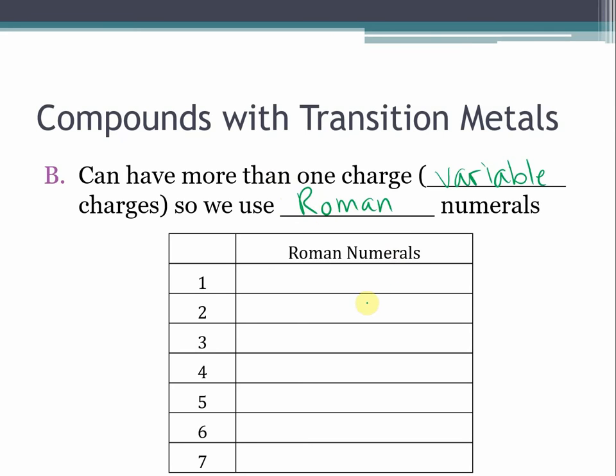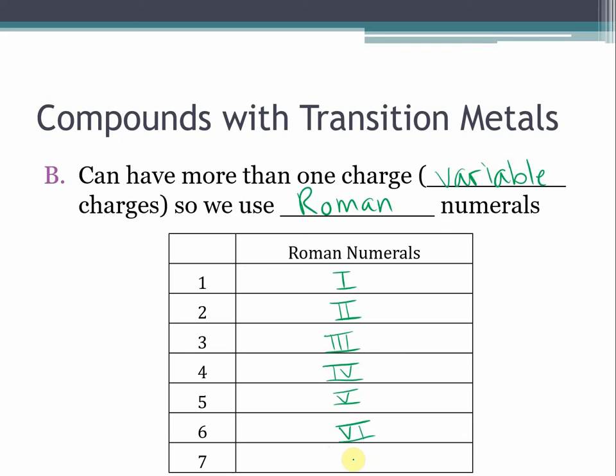So a little review on Roman numerals. 1 is I. 2 is II. 3 is III. 4 is IV. 5 is V. 6 is VI.